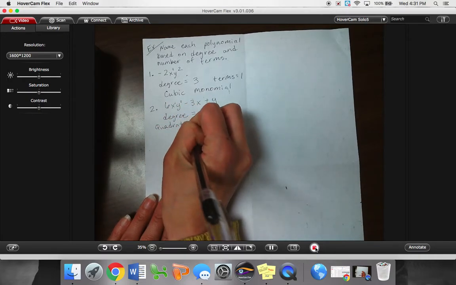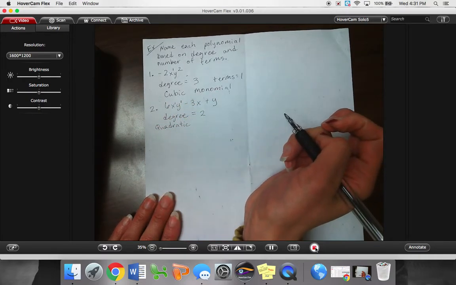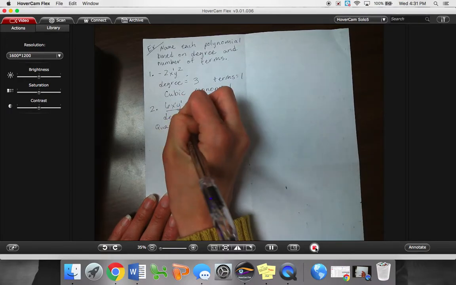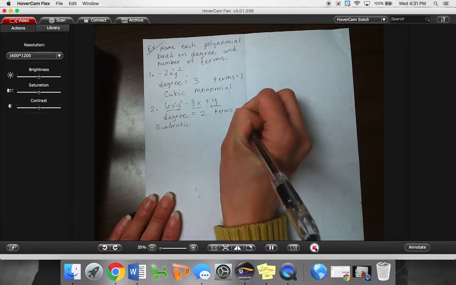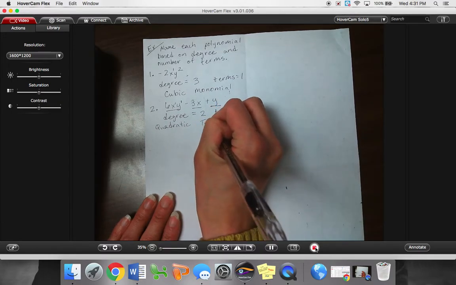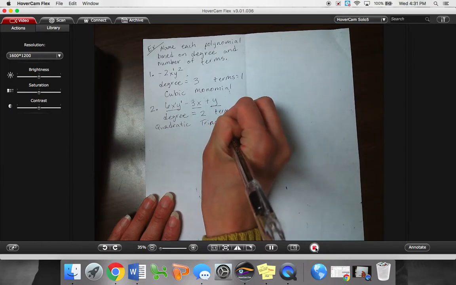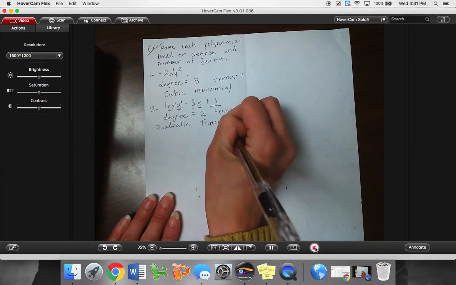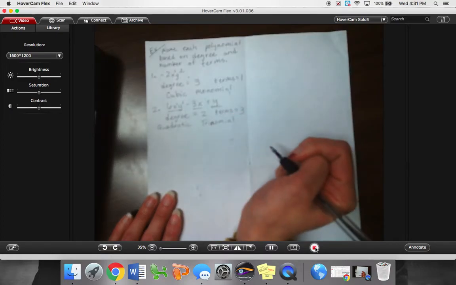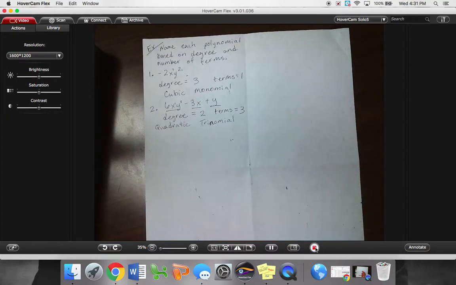This is on the front of our table if you need to look at it. The terms this time: 1, 2, 3. There are 3 terms. That's called a trinomial. I didn't spell that very well. This is a quadratic trinomial.